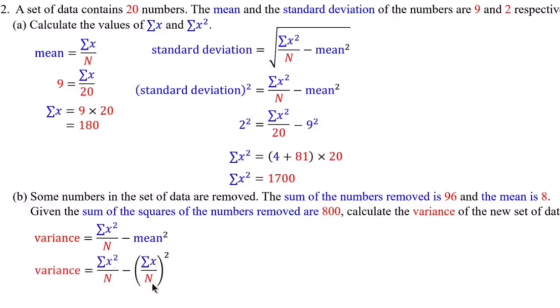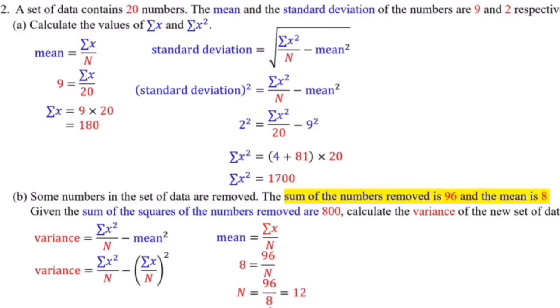You are given the mean and also the sum, so you can find n. Mean is 8, sum of data removed is 96. So n is 12. There are 12 data removed. 96 over 8, you get 12.